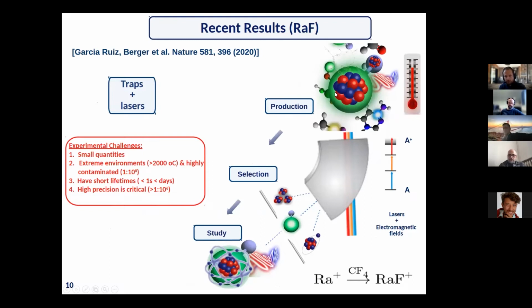Once we produce these nuclei, these molecules, we have to select the molecules because this is a very dirty process, right? These molecules are produced in small quantities in highly contaminated environments and in a very hot environment. It comes from a nuclear reaction. So we have to separate the molecule, in our case mainly using electromagnetic fields, and then study the molecule.